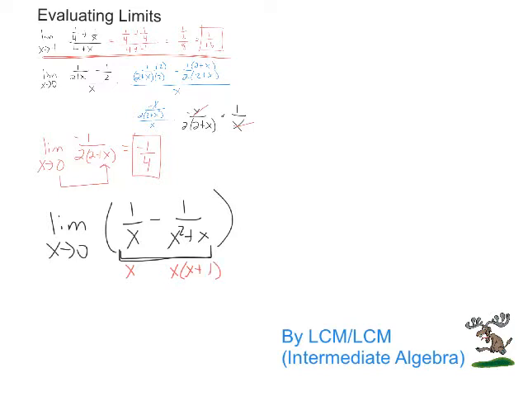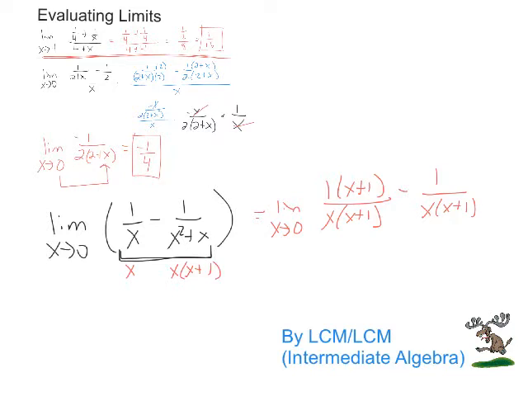So I can see right away that what I need to do is multiply my first fraction by x plus 1 so that I have a common denominator. Here we have x times x plus 1. So there's my first fraction, and to that we are going to subtract my second fraction.